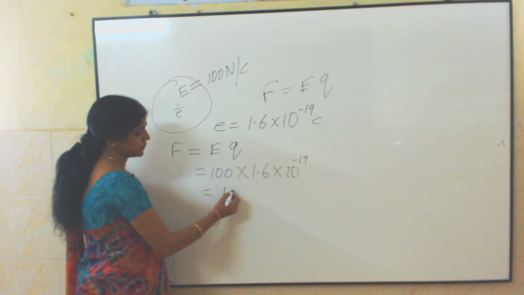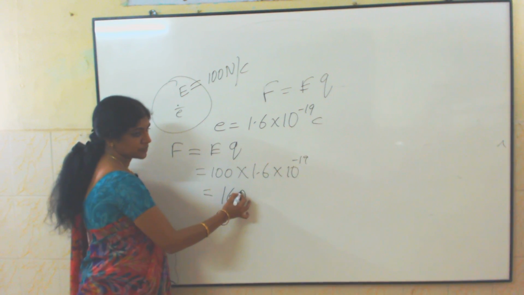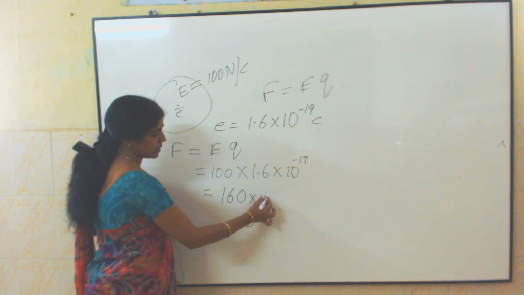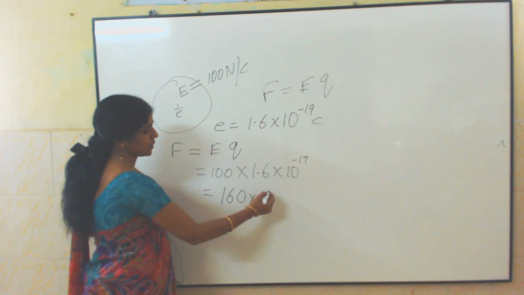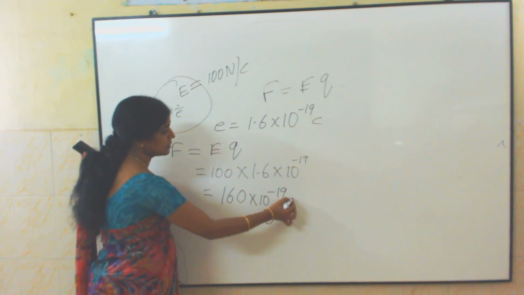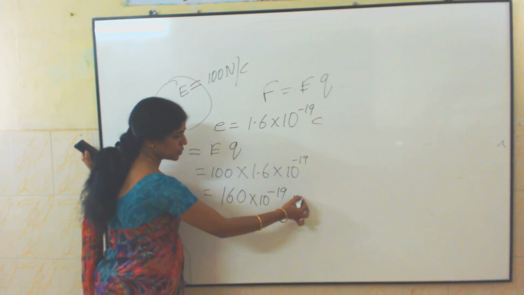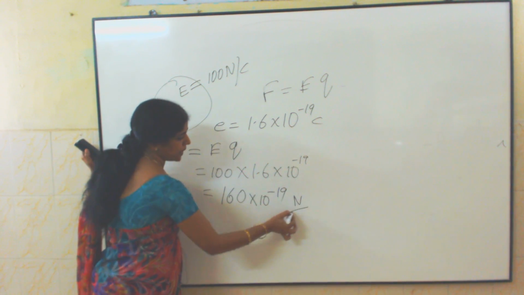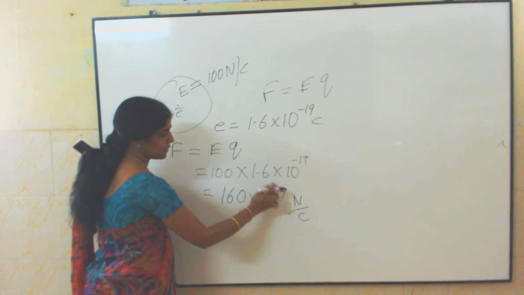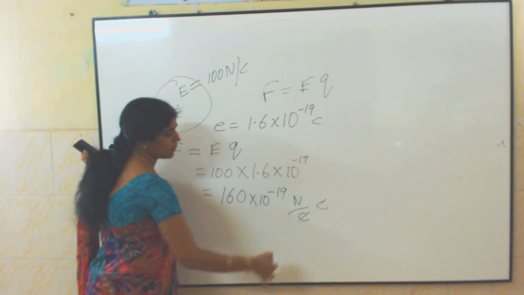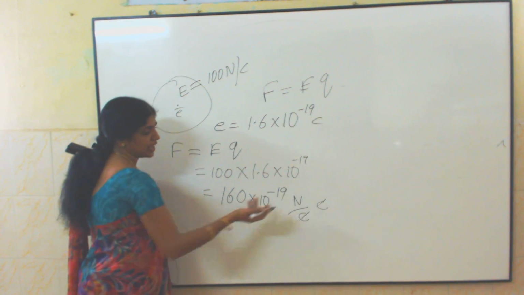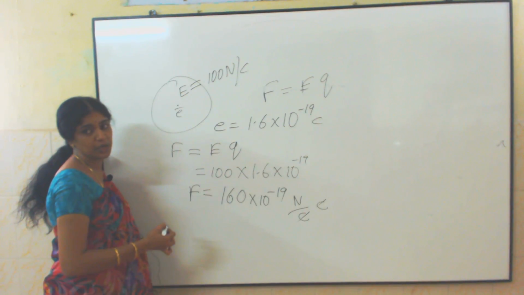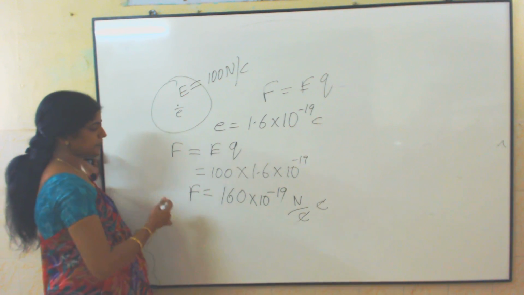You will be getting 160 into 10 power minus 19. Force unit is Newton. How did you get this Newton here? For E, we got Newton per Coulomb. For charge, we will be getting Coulomb. Coulomb gets cancelled. So, finally, we will be having only Newton. So, this is the way you can find out the unit for any physical quantity.